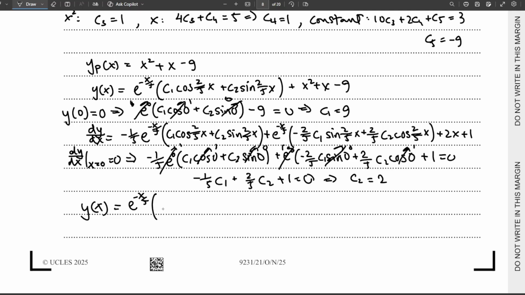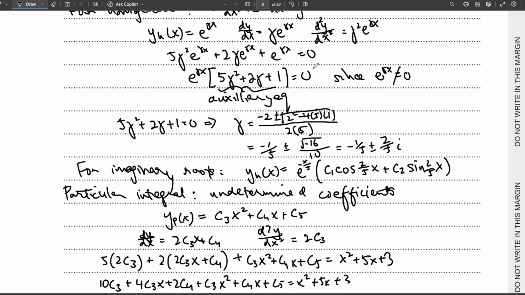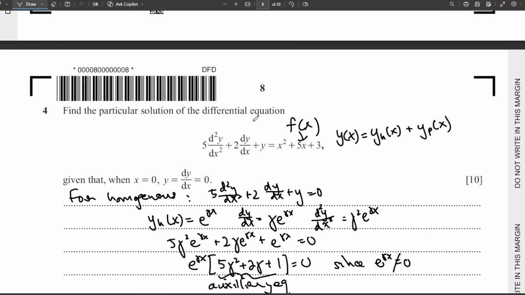Then the c1 we have 9, cosine 2/5 x. c2 we have 2, sine 2/5 x. Then we have the particular integral x squared plus x minus 9. So this will be our full form of the final answer to this second order differential equation.